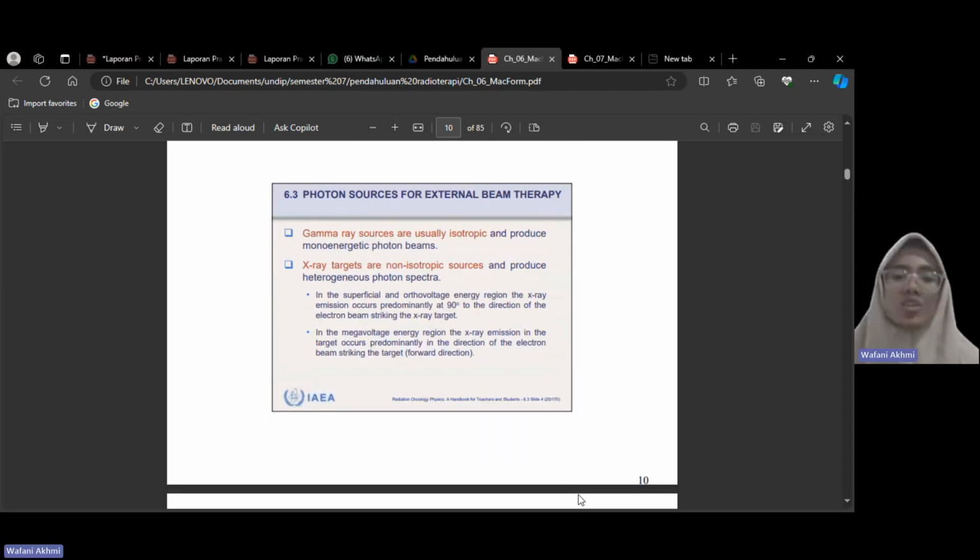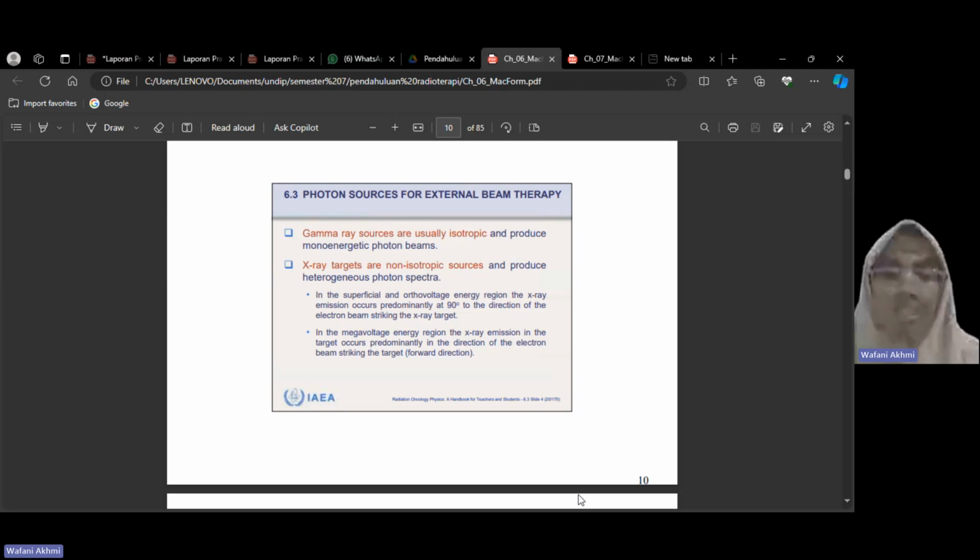Gamma ray sources are usually isotropic and produce monoenergetic photon beams. X-ray targets are non-isotropic sources and produce heterogeneous photon beams. In the superficial and orthovoltage energy region, the X-ray emission occurs predominantly in the direction opposite to the direction of the electron beam striking the X-ray target.